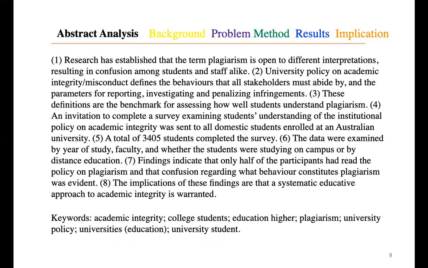Okay, now let's analyze this abstract. For the first sentence: research has established that the term plagiarism is open to different interpretations, resulting in confusion among students and staff alike. What do you think of it?